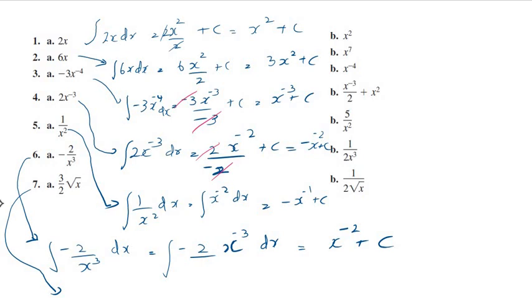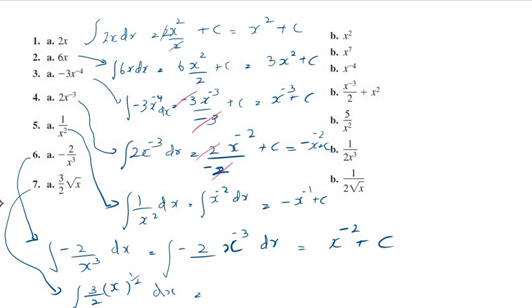So if it's the integration of 3 over 2 x to the power half, what we do is add 1 to the power and divide by that value. When you add 1, you get 3 over 2.